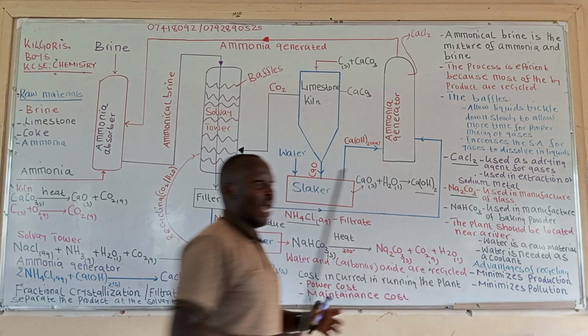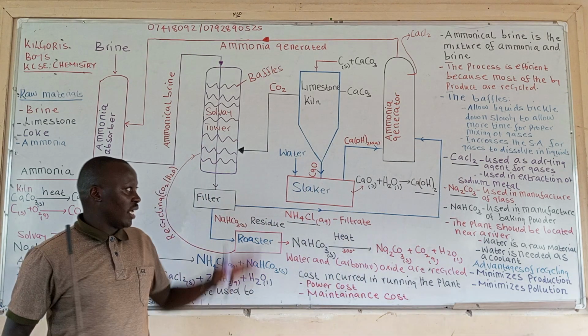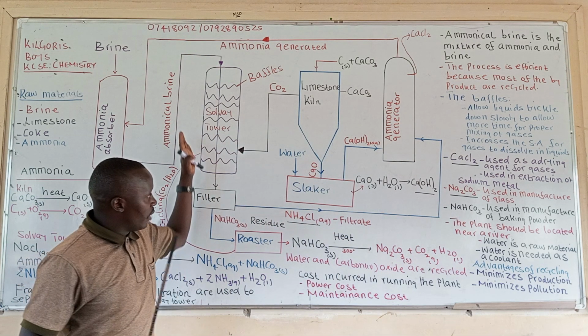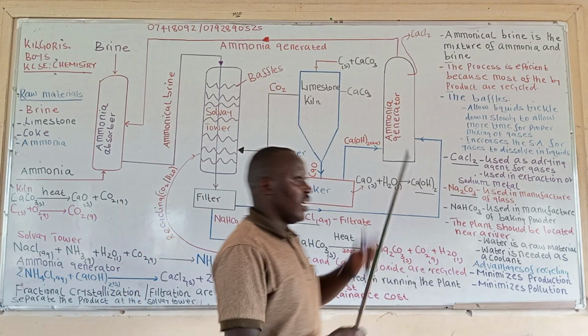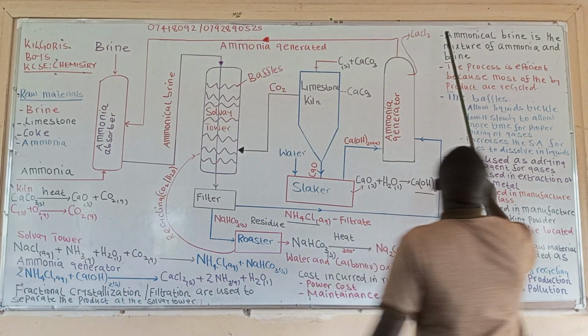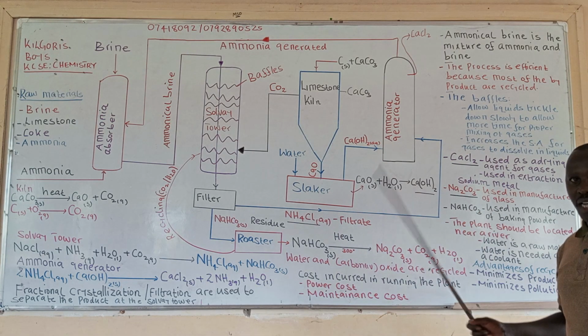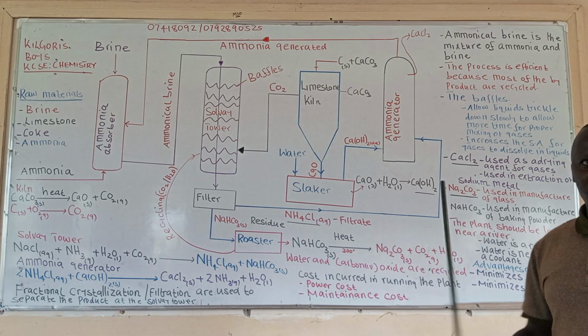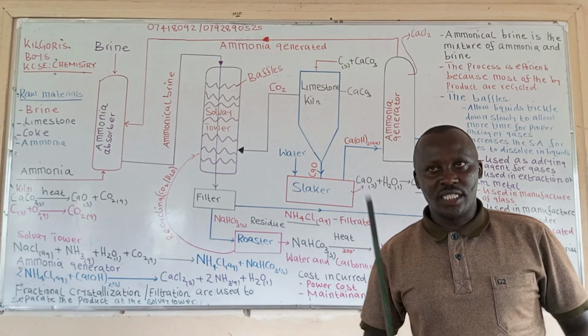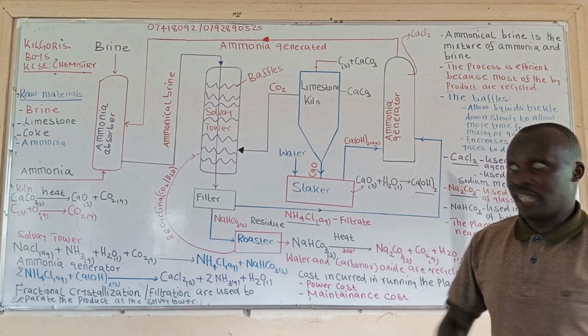Now, what are some of the other important things that you are supposed to understand from this Solvay process? In the Solvay process, we have the ammonium brine. If you are required to give the meaning of ammonium brine, you just say that this is a mixture of ammonia and brine.